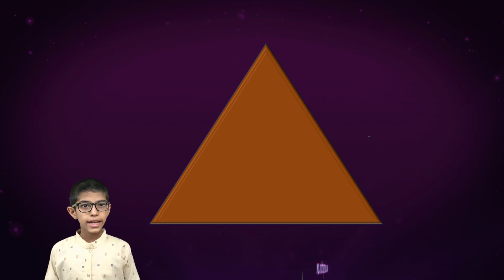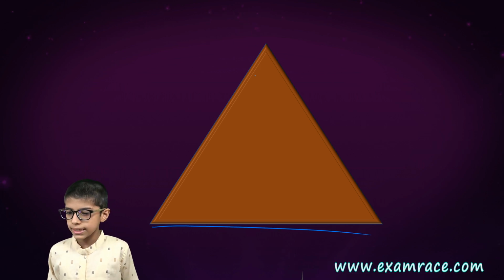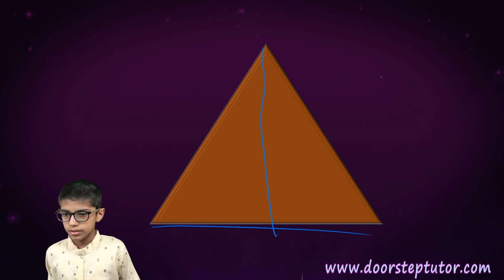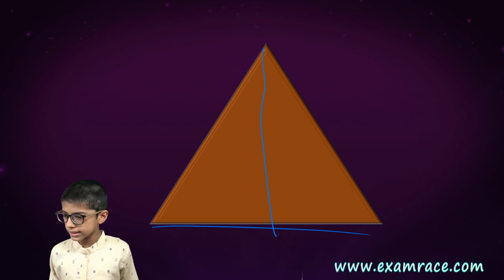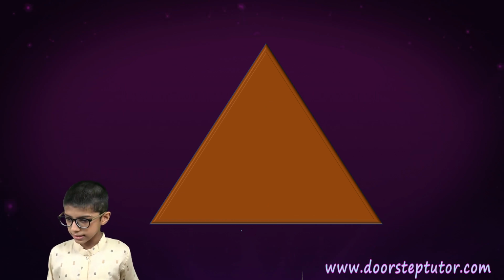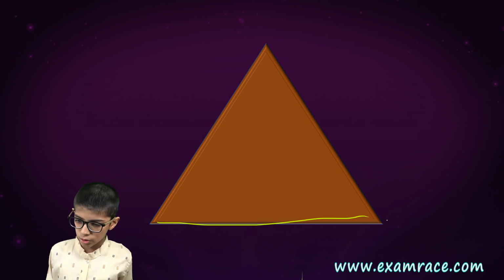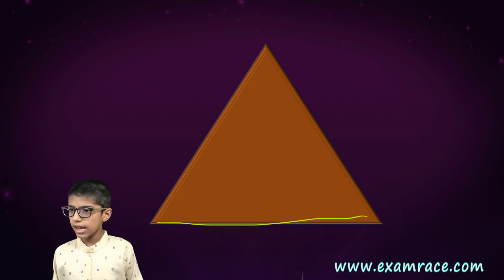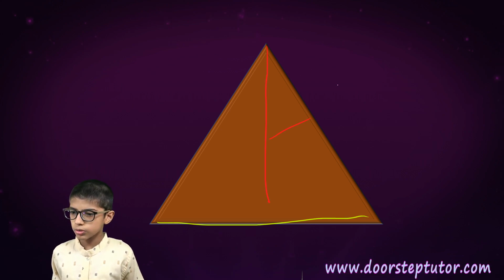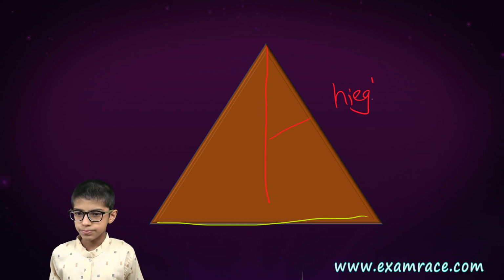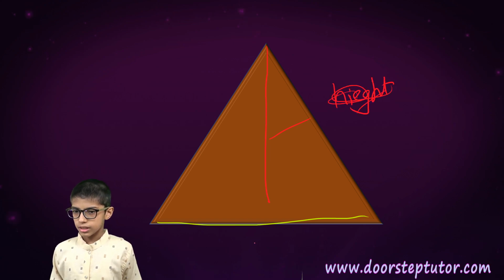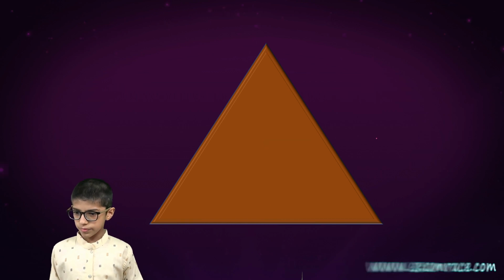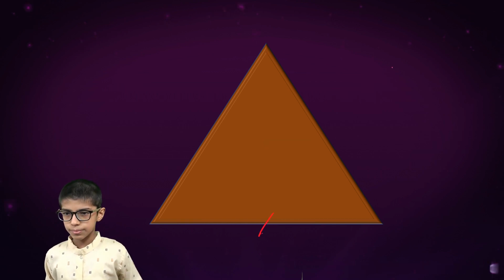Now what about the area? Area is half base multiplied by height. This line which is down is called the base, and the line vertically upwards is known as the height. Here, first we half the base.